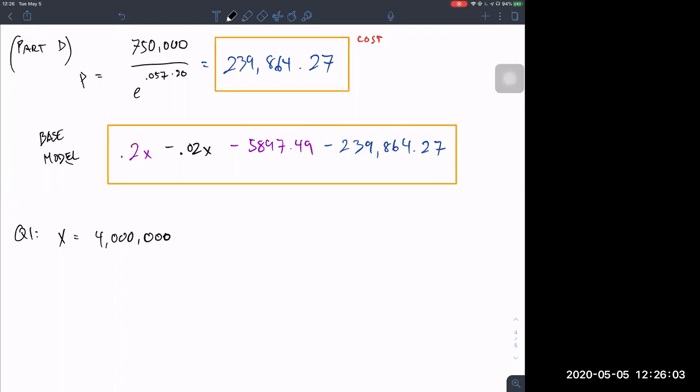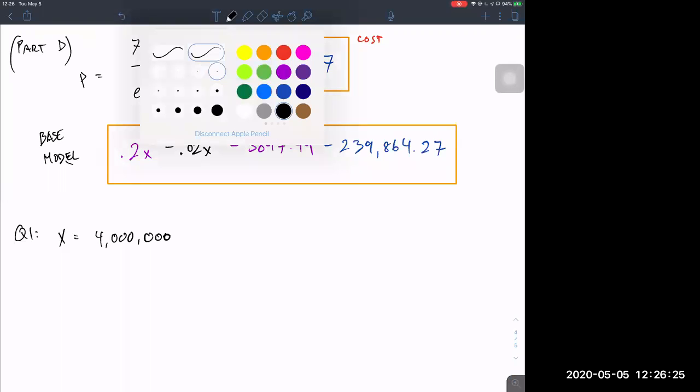And assuming that I didn't make any typos in the textbook, it's a positive outcome. Good. I'm sorry, say that one more time. Plug that in for the X's in the base model. Correct.